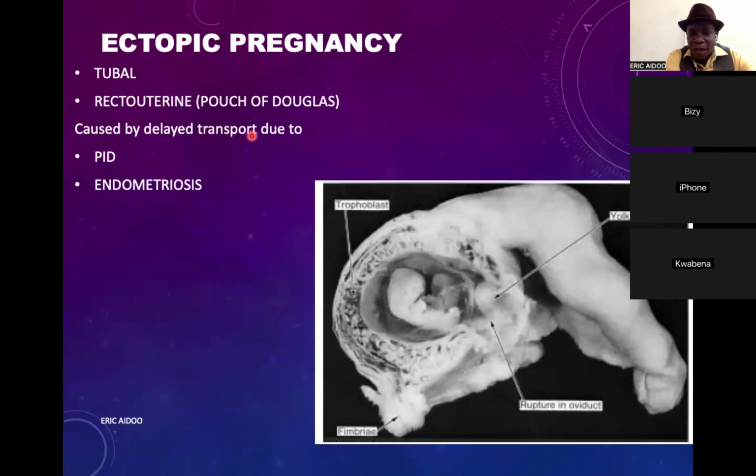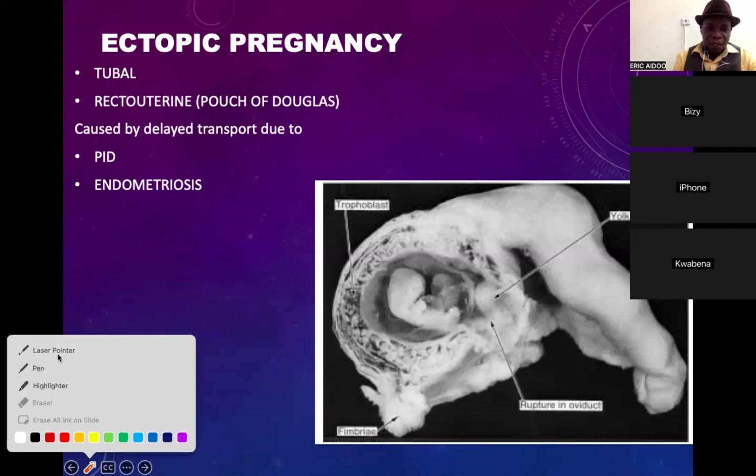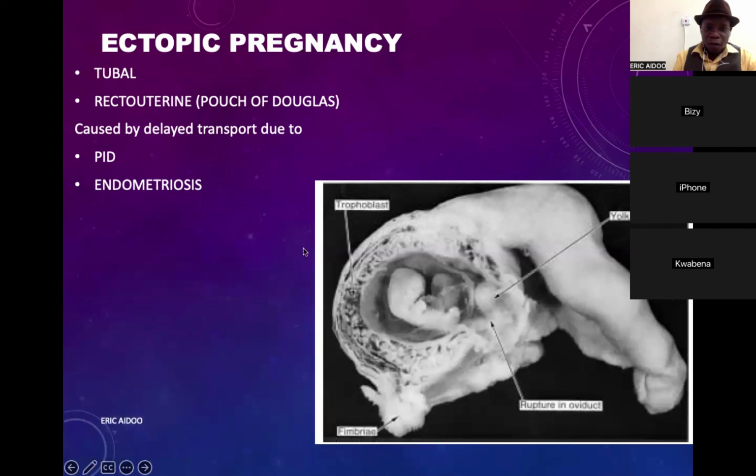The zygote should arrive at the uterus in the form of a blastocyst. If not, it's going to be stuck wherever it is, and it's going to implant by day 7. The blastocyst doesn't know that it is in the fallopian tube. Wherever it finds itself by day 7, implantation will start.